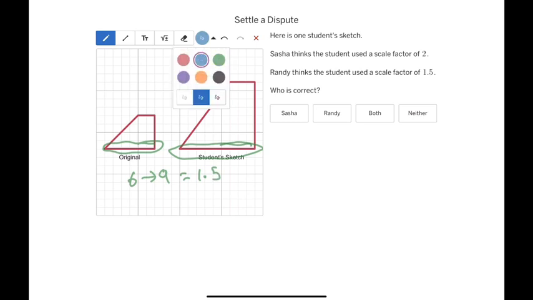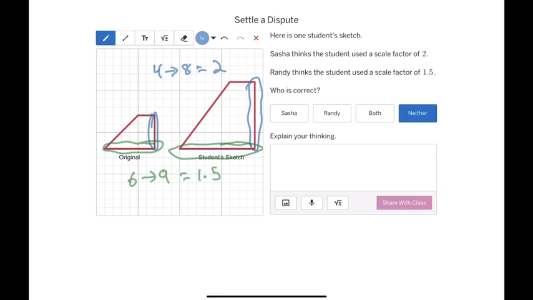And from here to here, the scale factor went from 4 to 8, so it's a scale factor of 2. And so this sketch is not a scaled copy. So you could say that neither of them are correct.